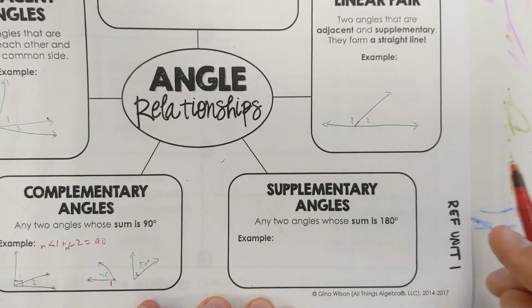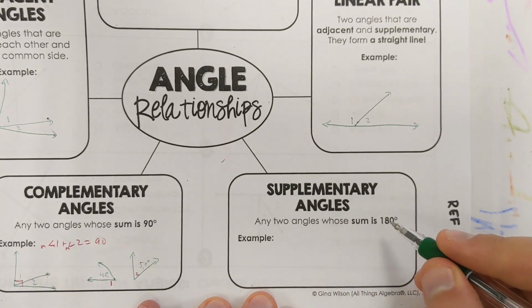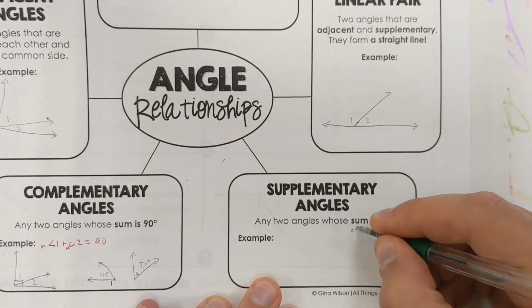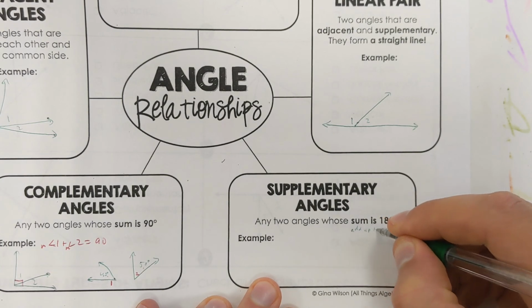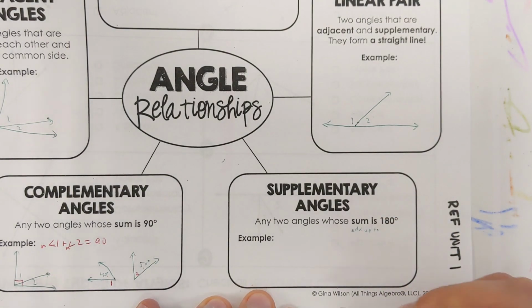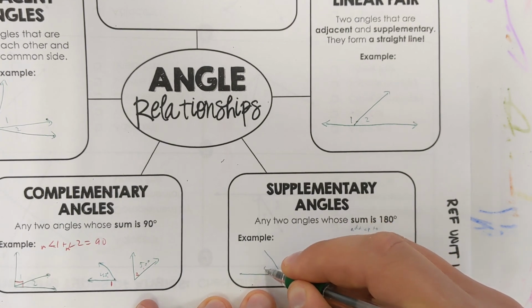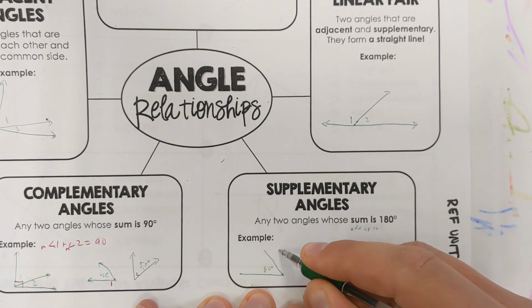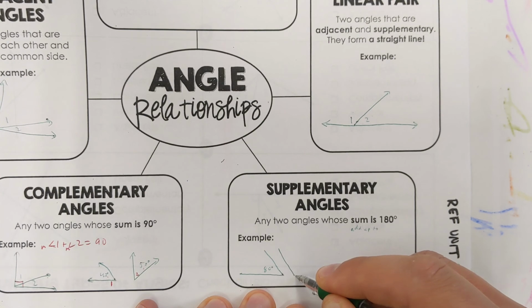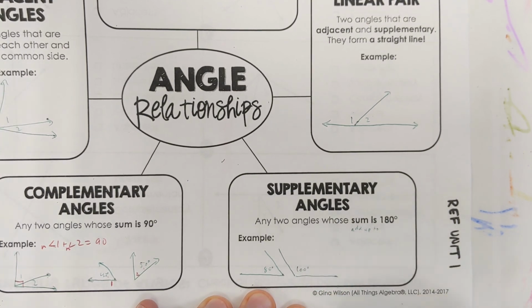Supplementary angles, same sort of thing. Two angles that add up to 180. Remember, sum is add up to. So I could have this right here, where this is 80 degrees, and this angle right here, where this is 100 degrees.